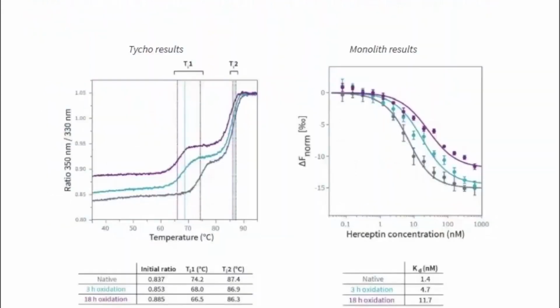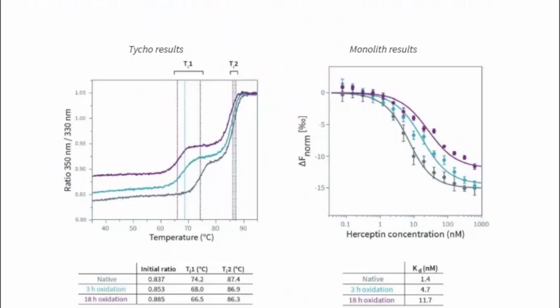In the next example, what's shown here is just a quick test for characterizing a monoclonal antibody. As you know, monoclonal antibodies are an important biotherapeutic target, and it's important to understand the stability of those targets. A quick test is to do an oxidation experiment to see the impact on the monoclonal antibody and its binding abilities.